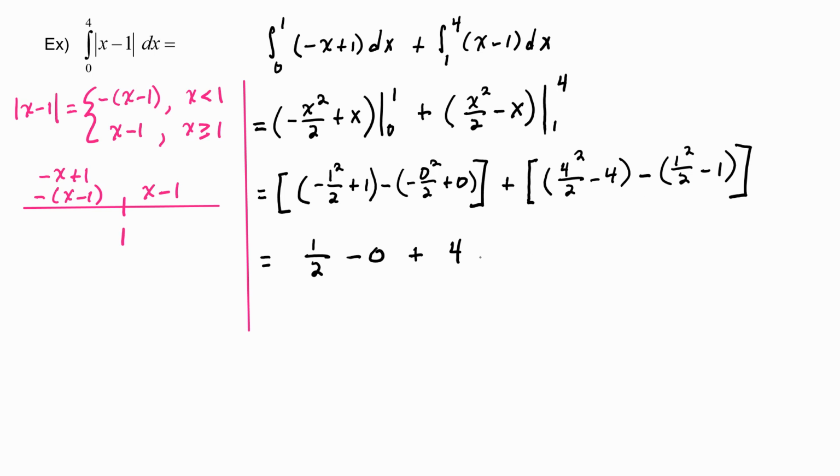Then we have to subtract 1/2 minus 1, which is a negative 1/2. So now when we simplify this at the end here, we have 1/2 plus 1/2, which is 1, plus 4 is equal to 5.